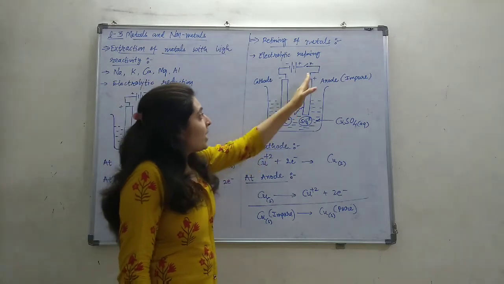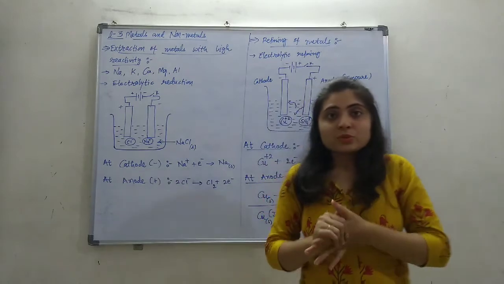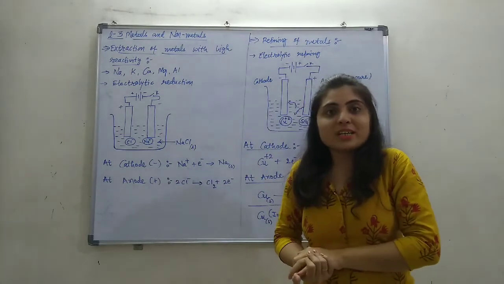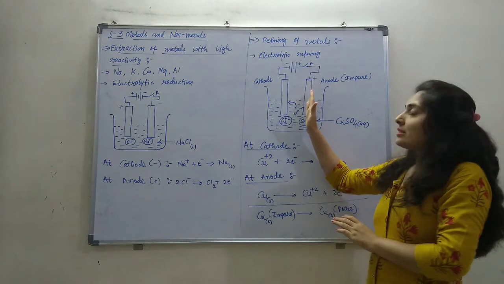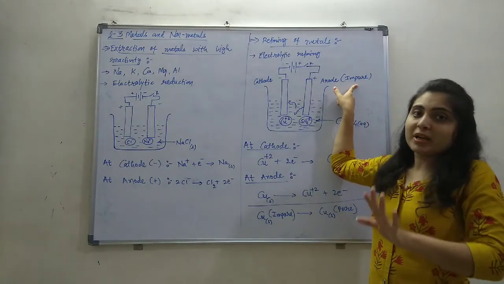Now, at the anode, remember, metals tend to become positive. So the metal will be attracted towards the negative electrode. So at the positive electrode, we are taking the impure metal electrode.